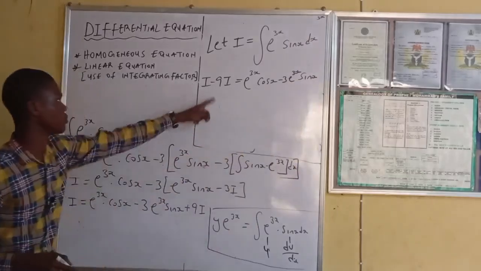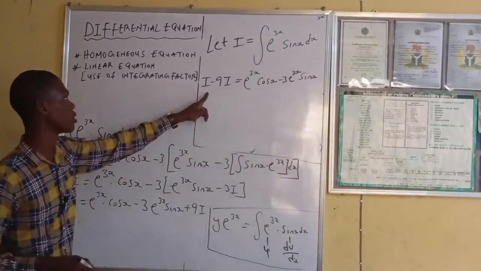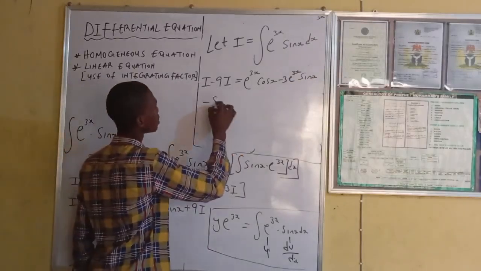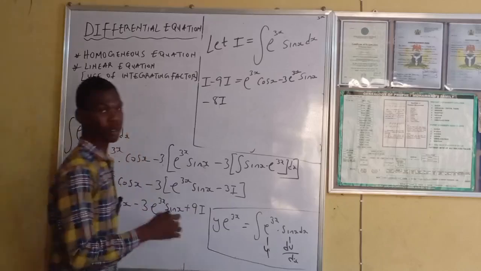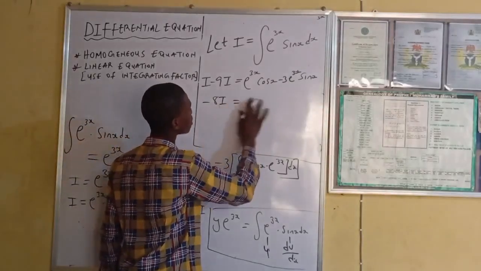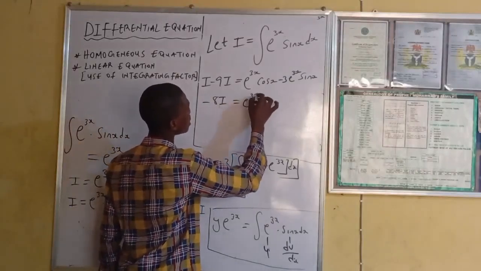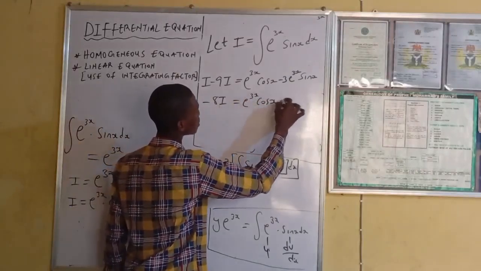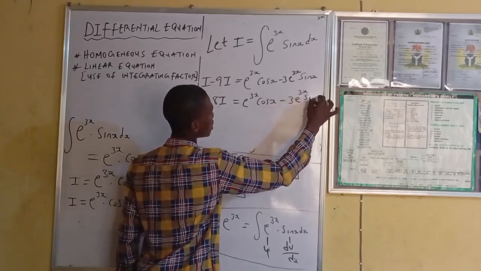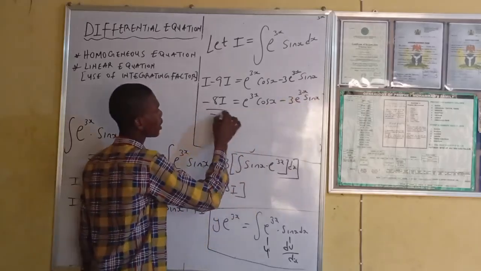From here, this minus this is what? Minus 8i, right? Equals exponential 3x cos x minus 3 exponential 3x sin x. Then divide both sides by minus 8.